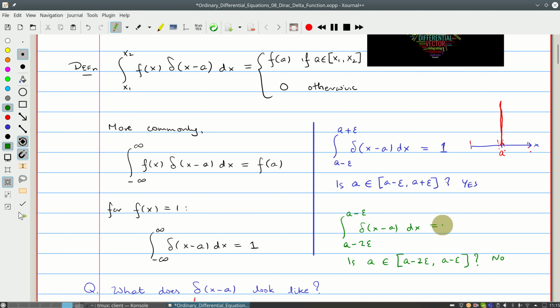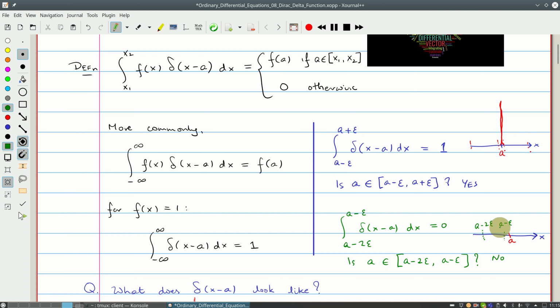So this is 0. Now what this means then is that if I draw the same kind of figure here, this is my x-axis, then we have the point a, and now using green, I'm now integrating from a minus 2 epsilon to a minus epsilon.